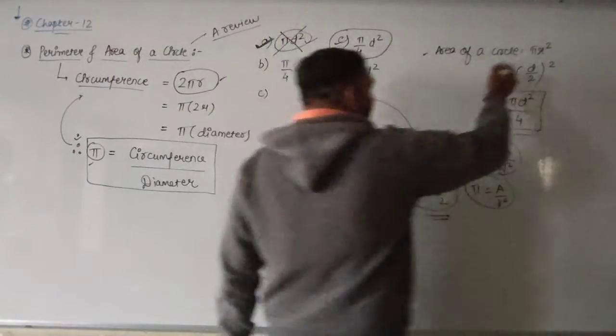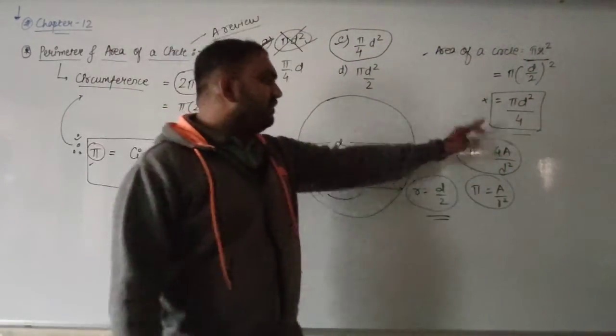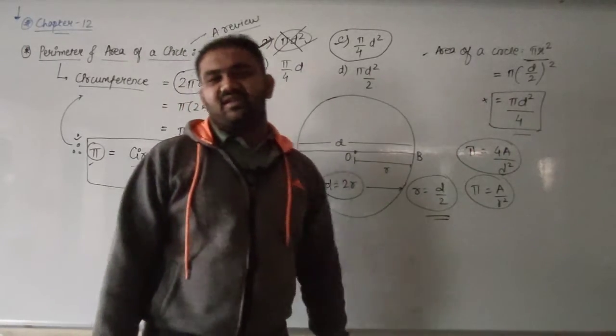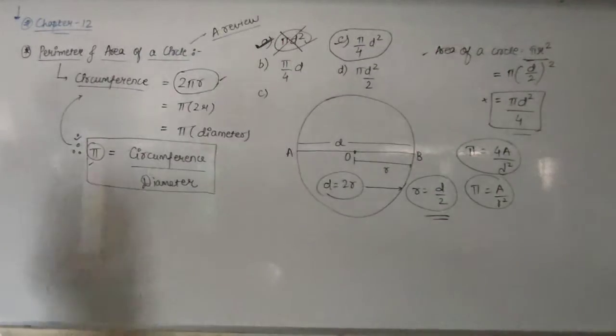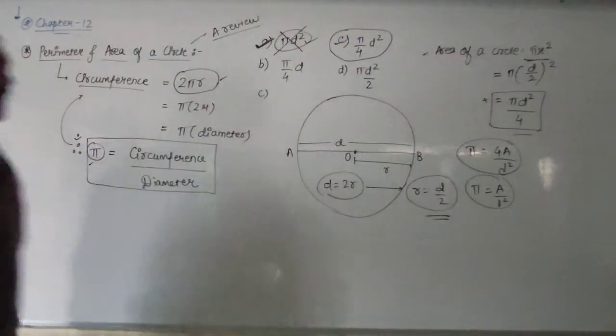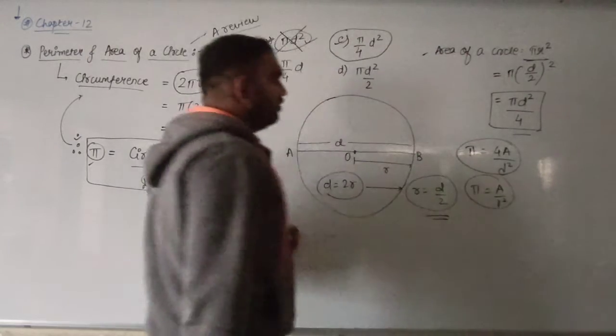Actually, the formula given is pi r square, the area of the circle. Pi d square by 4 is the derived formula of the area of the circle from pi r square, putting r equals d upon 2. So you must note it down that the area of the circle is also pi d square upon 4.